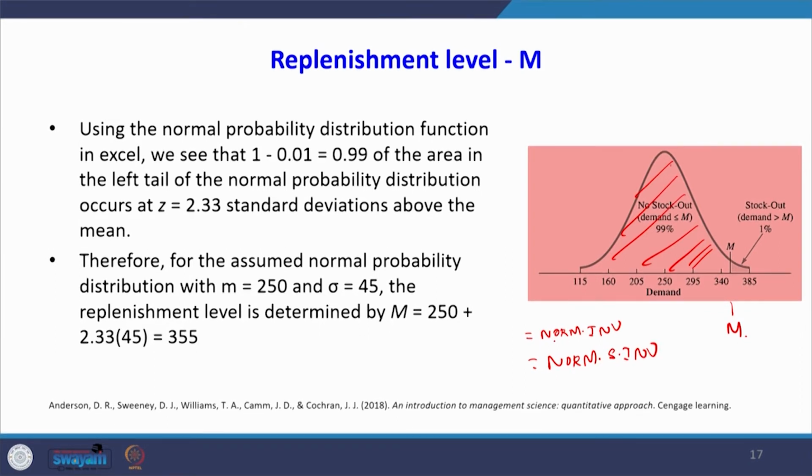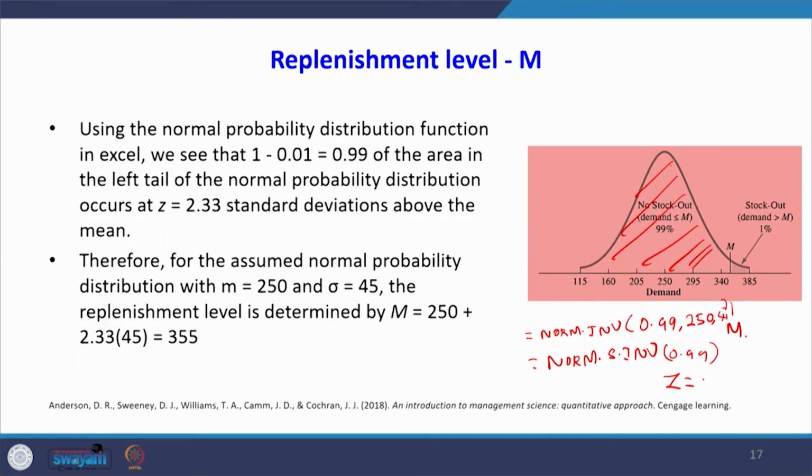If you use the function NORM.INV, you have to supply the left side area, comma, mean of the distribution. Left side area is 0.99, mean of the distribution is 250, standard deviation of the distribution is 45. Then you will get directly the m value. If you are using the standardized normal distribution function, you have to provide only this 0.99, and you will get the value of z.